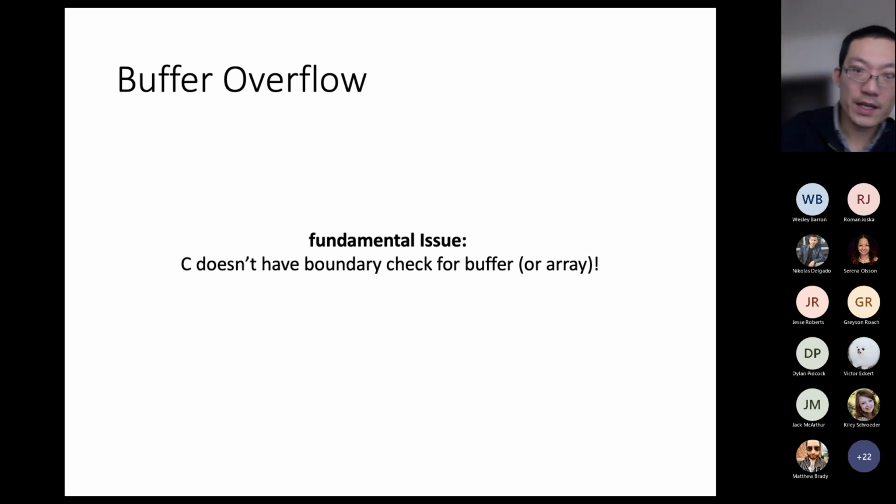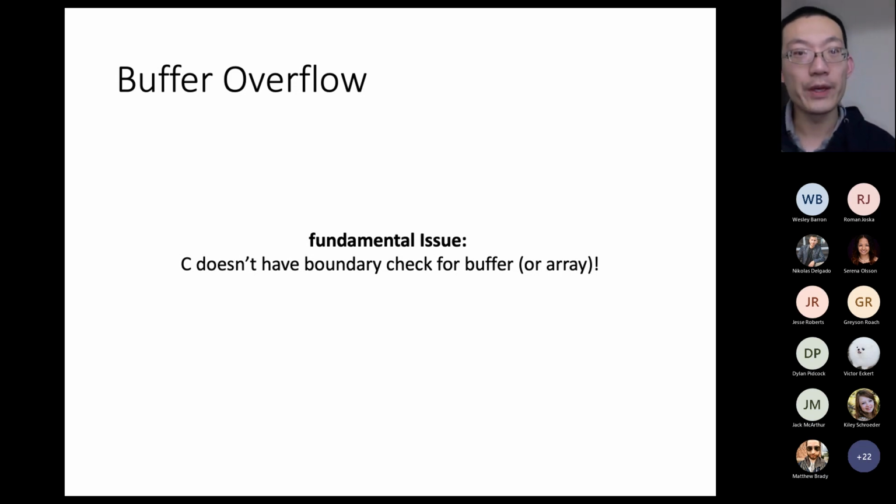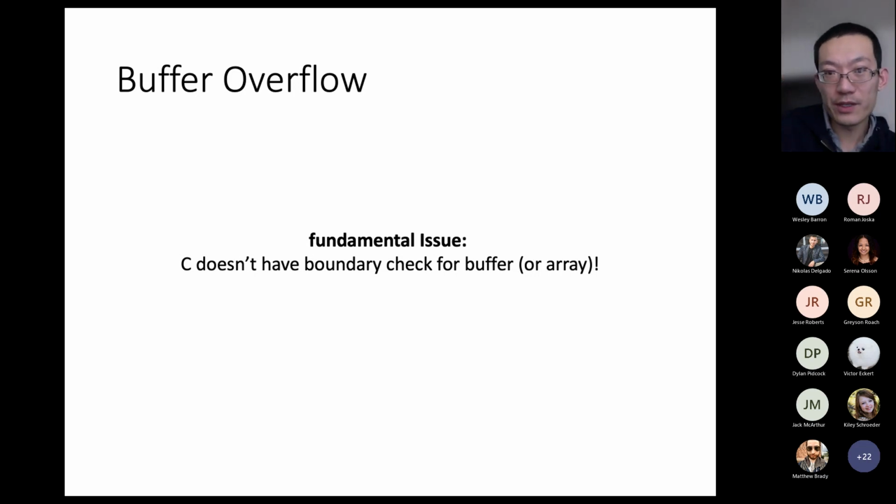So that's why when we use C programs, many times when we want to write into a buffer, we need to manually check that the number of bytes is proper for the buffer, not overflowing it.